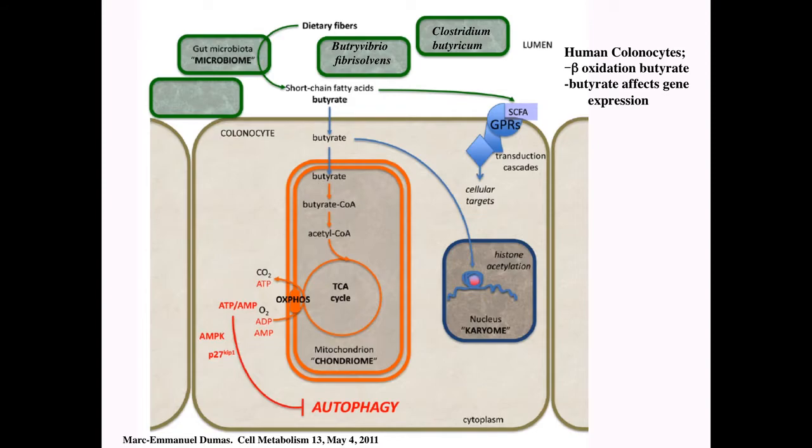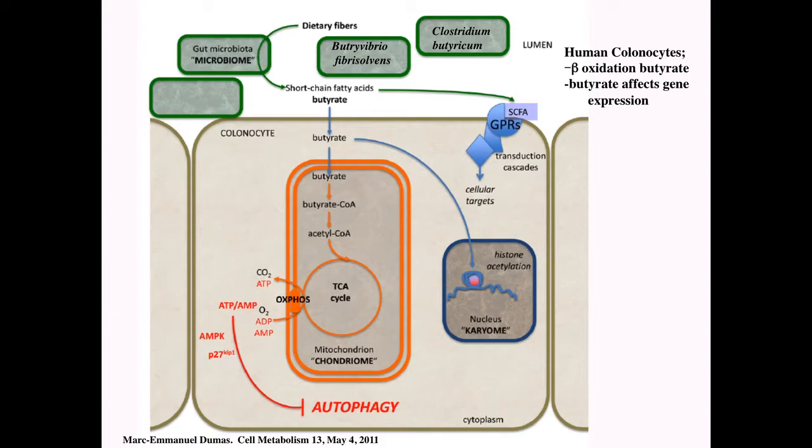So the bacteria outside are turning on gene expression inside the cell. And one of the neat things that happens is that histone deacetylation and histone acetylation is altered based on the amount of this bacterial fermentation product, butyric acid.